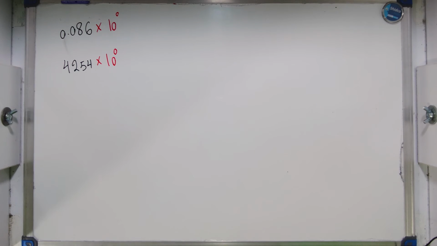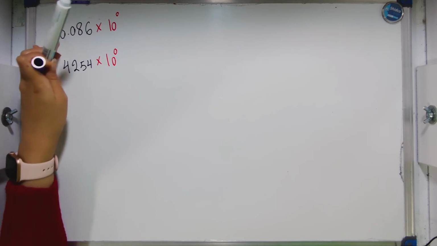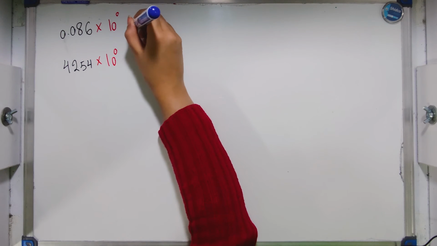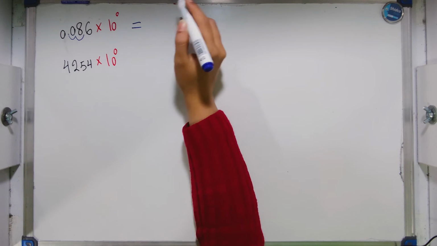So, if I want to write this number in scientific notation, look here. I have put the decimal between 8 and 6, 1, 2.